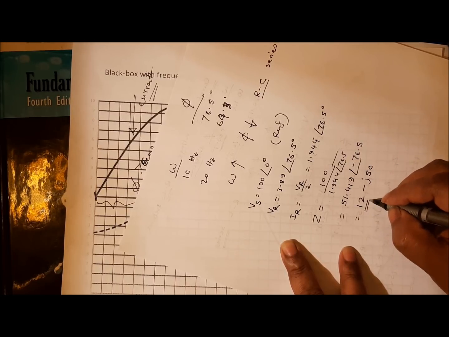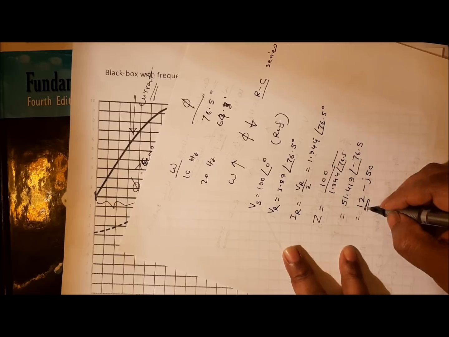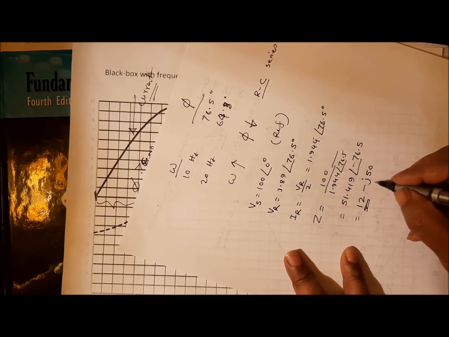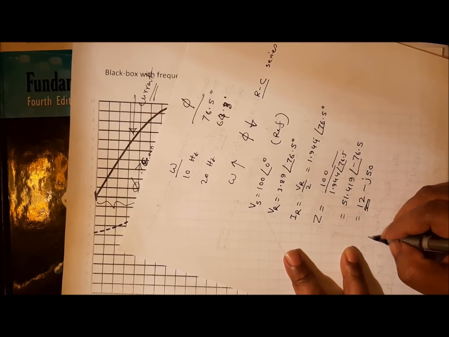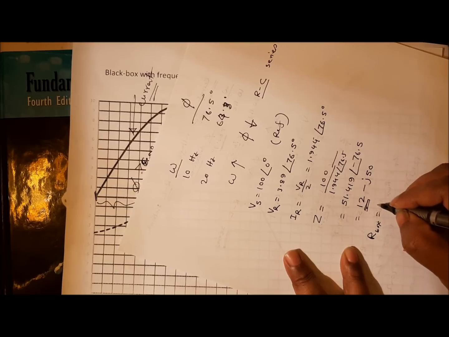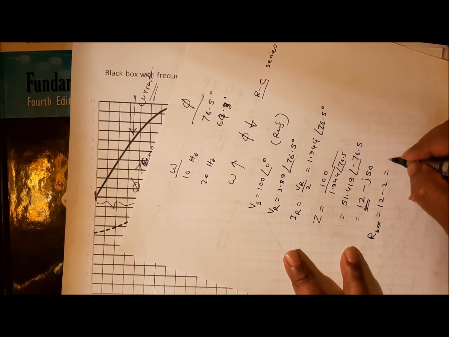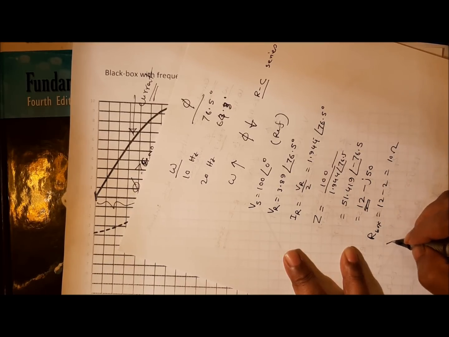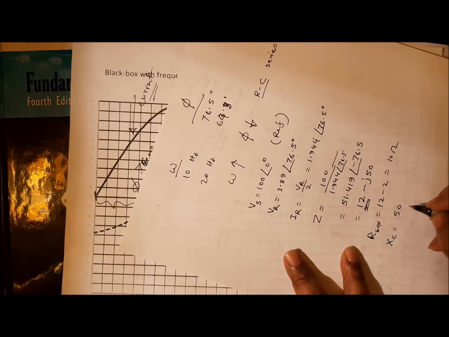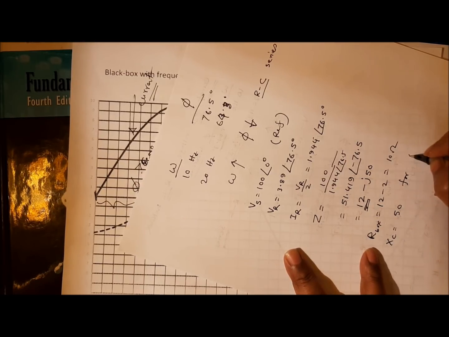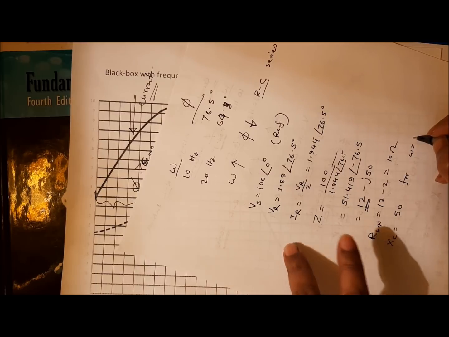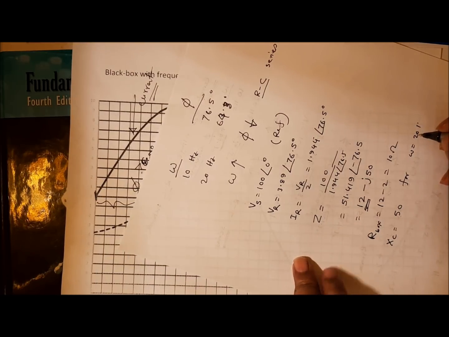So you see the total resistance is 12. It includes the box resistance plus the sense resistance. So R box will be 12 minus 2, so 10 ohms, and XC equal to 50 for omega equal to 10 hertz.